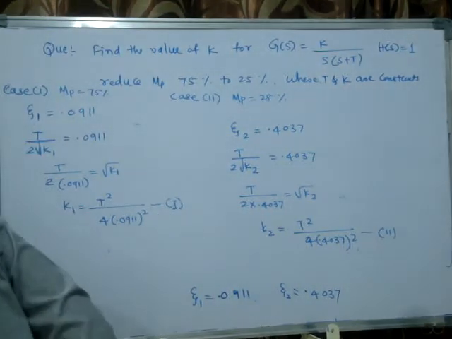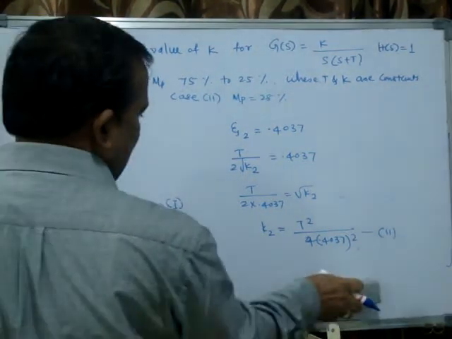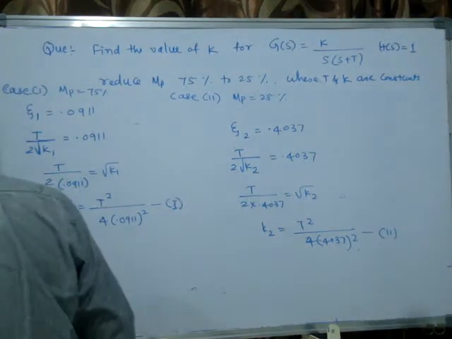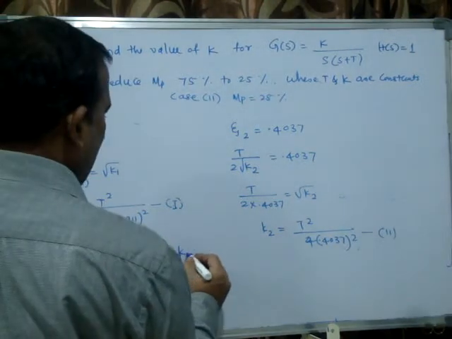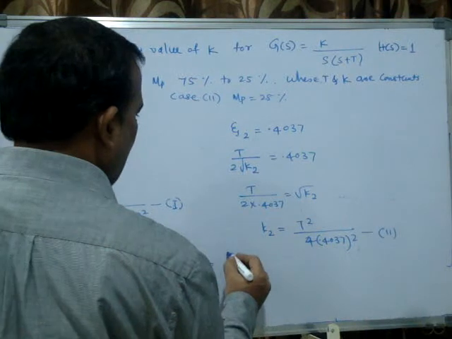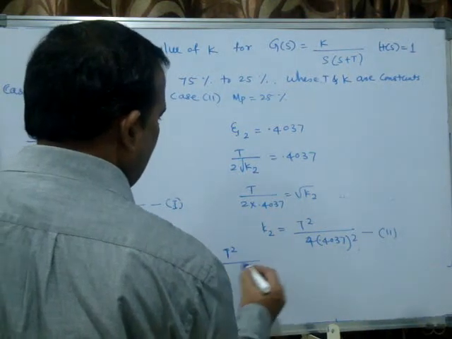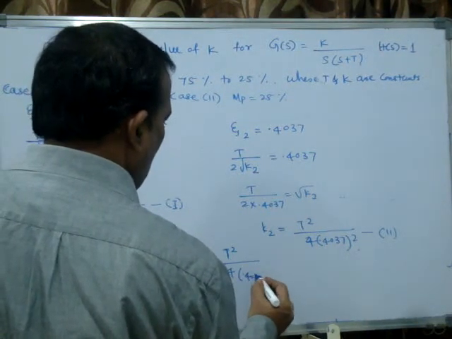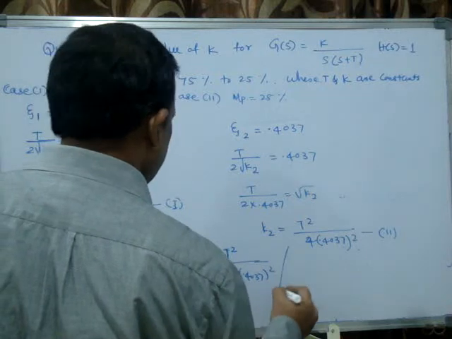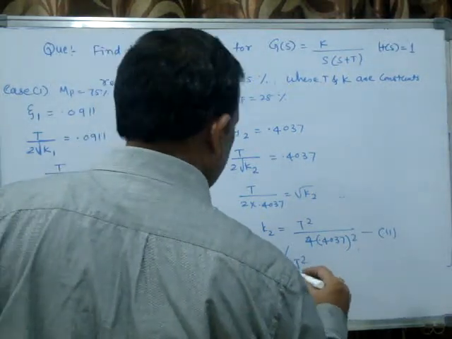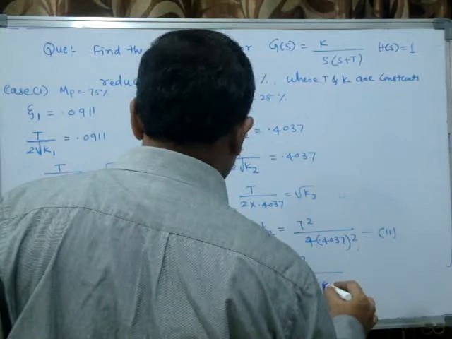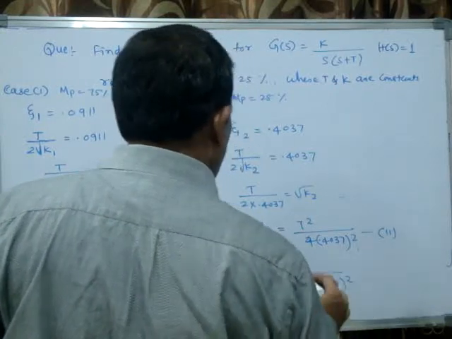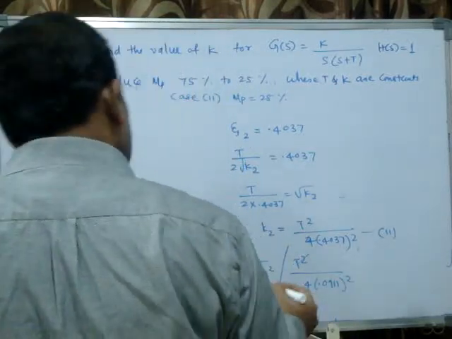Now what I will do is divide equation 2 by 1. Now T square gets cancelled.